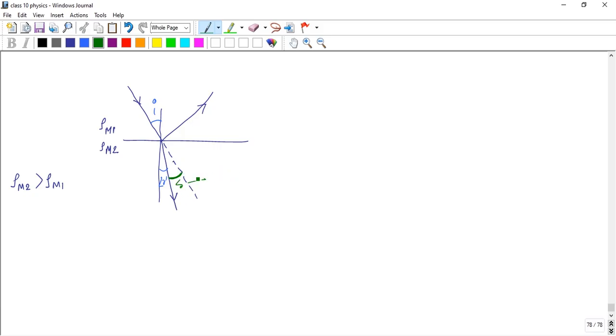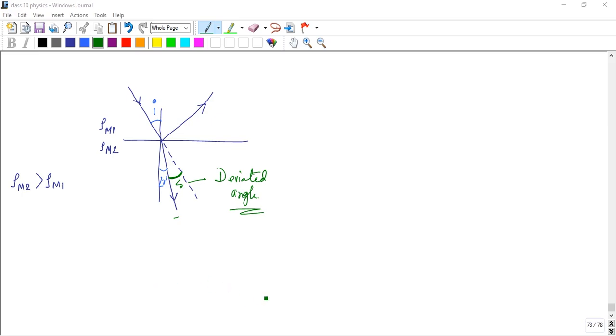The ray would actually follow that path, but in case of mismatch of the density of the two mediums, the light travels that path. Okay, so there is a deviated angle. The delta is called the deviation angle.